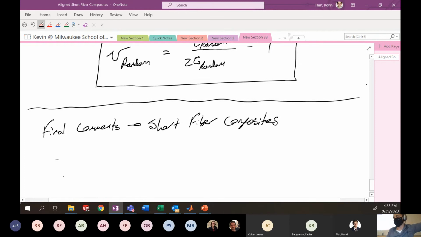Things that you have to keep in mind for more practical reasons. Though we didn't really see this in the simplified model, we saw this in the Cox model, that a short fiber is not completely loaded.